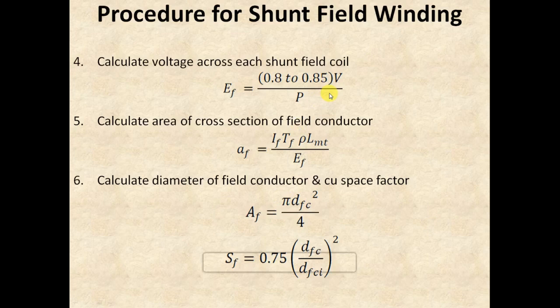Since the total voltage which is applied across the field winding is not same as that of the terminal voltage, this is due to the effect of drops which are occurring in the DC machine. It will be brush drop, armature resistance drop and armature reaction drop. So taking that also into consideration, we will be able to identify the relation for voltage across each of the field coil as this one. We have already explained it in detail before.